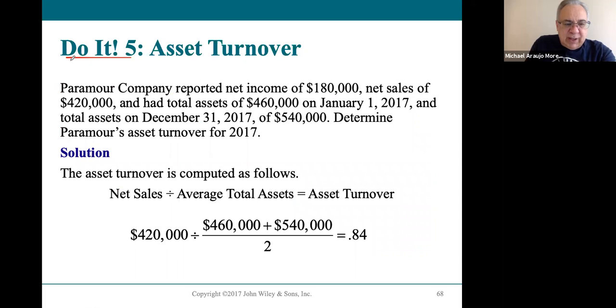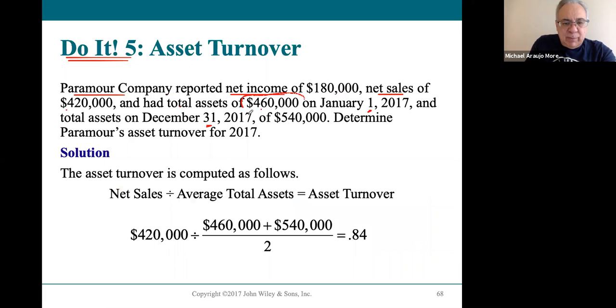So let's just look at how our asset turnover would look at the do it exercise here. We have Paramore. They reported a profit of 180,000. They had net sales of 420. They had total assets of 460 on January the 1st, and on December 31st, 540.